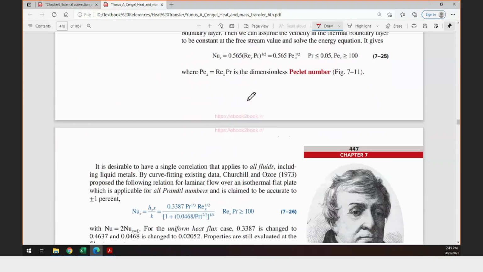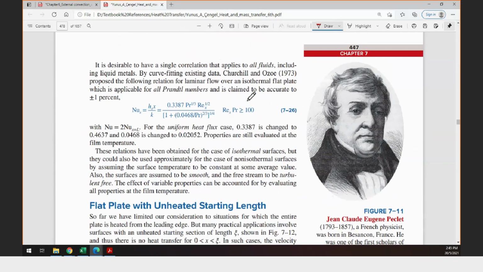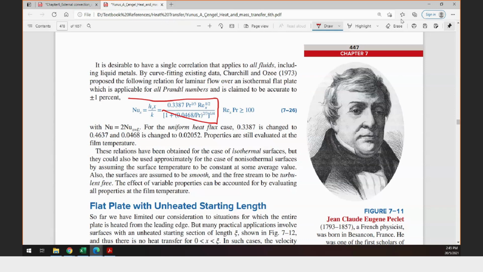Which one? Where is it? This one. You may use this equation if the condition of the previous one is not met. Okay. So you can use this equation. Hopefully, the condition here is at the higher Reynolds number, 1 times 10 to the power of 8, of course, right, because this is 100.